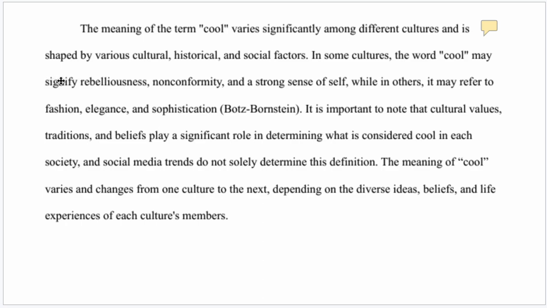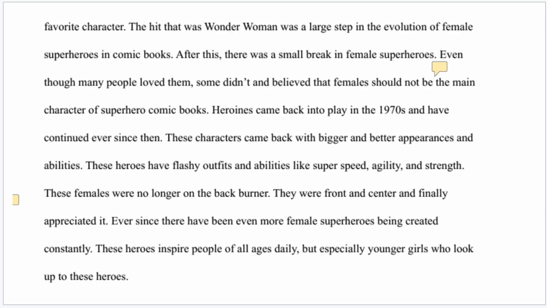Now the signification of rebelliousness and nonconformity may come through an artist that looks completely different than John Travolta. So in the analysis here, I need you to think a little bit deeper. Don't just find stuff from your source and plop it together and expect that your argument is firm and strong. You got to think through how you can use examples to illustrate your argument. Let me show you another example of how this needs to be.